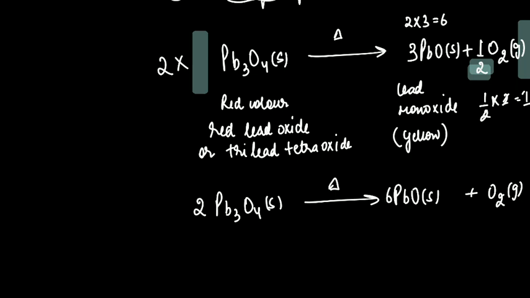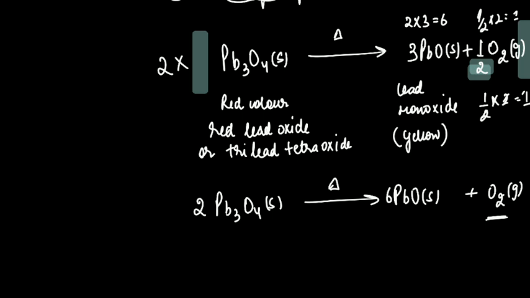And this oxygen, it's already half over here, so half into 2, if we multiply, this will again become 1. So we'll keep it like this. We are not going to change any coefficient for this.